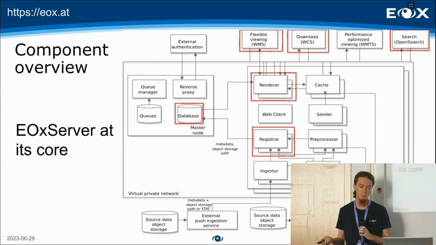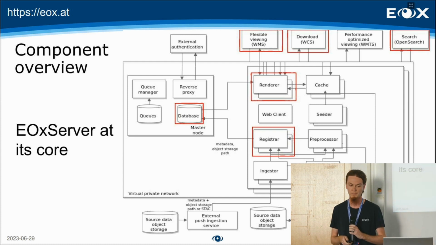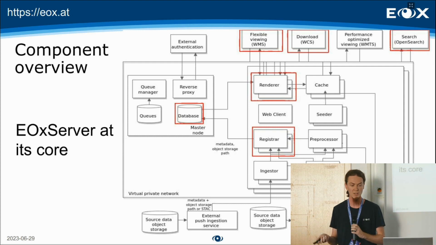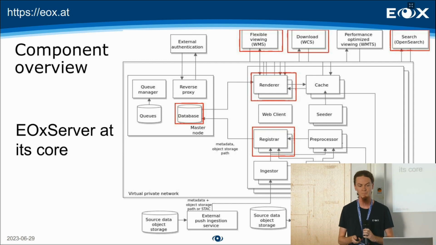And we have two components, the render and the registrar, which are part of this whole EOxServer core, where the render is providing the external services, the WMS and the WCS and OpenSearch, while the registrar is mainly dealing with registering data into the system and mapping the storage and the product information with the database models. So you configure where you will register your data to, into which collection, for example.